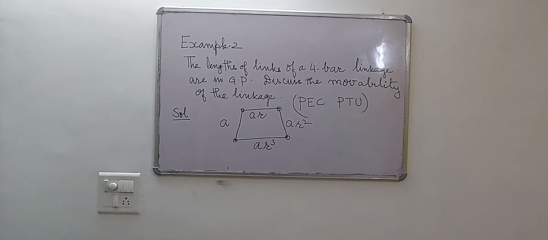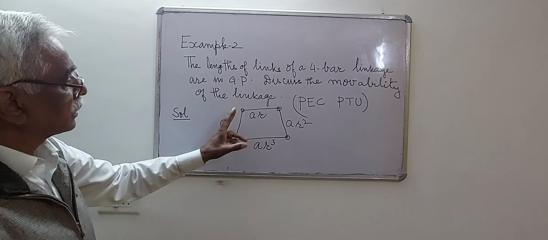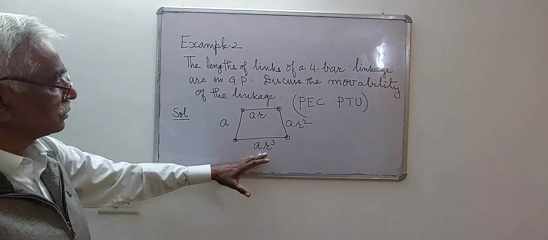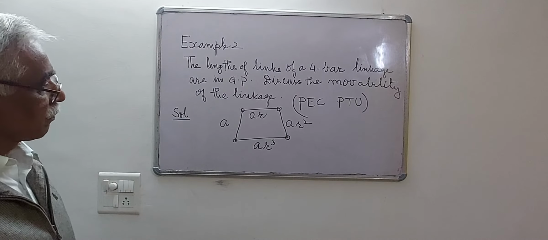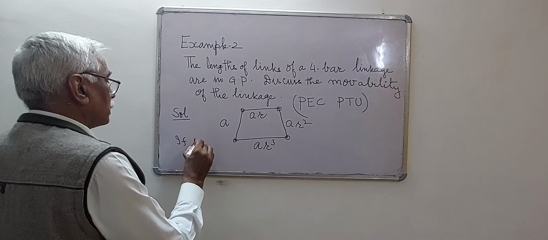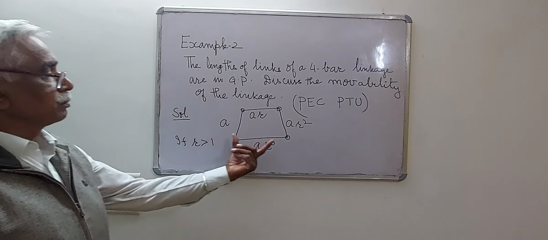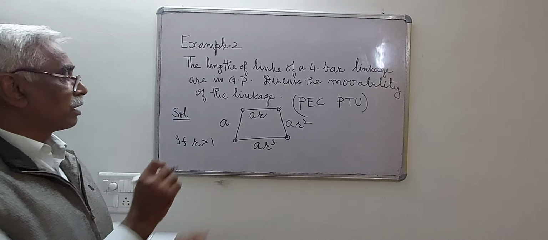The arms are in geometric progression: A, AR, AR square, AR cube. If R is greater than 1, this will be the longest arm.